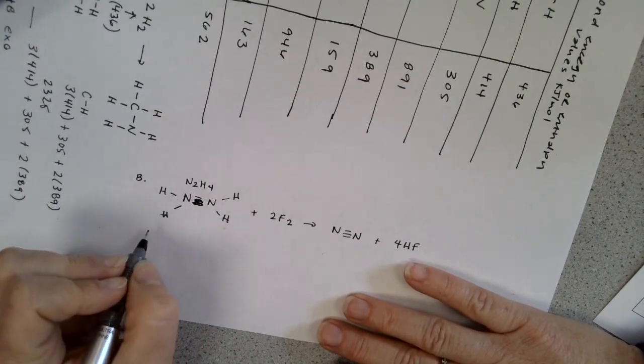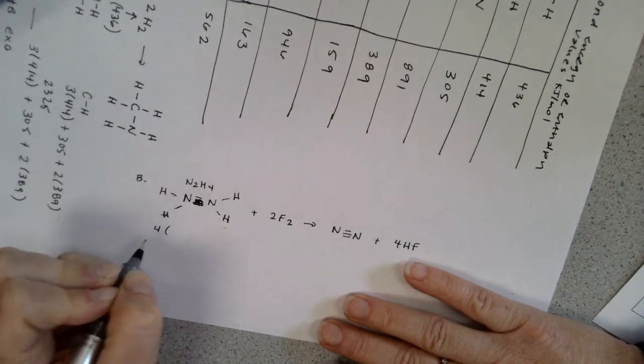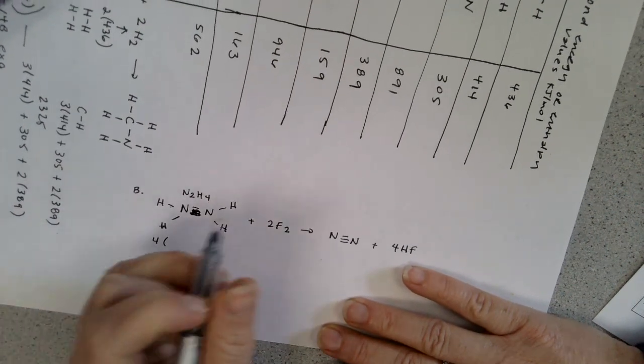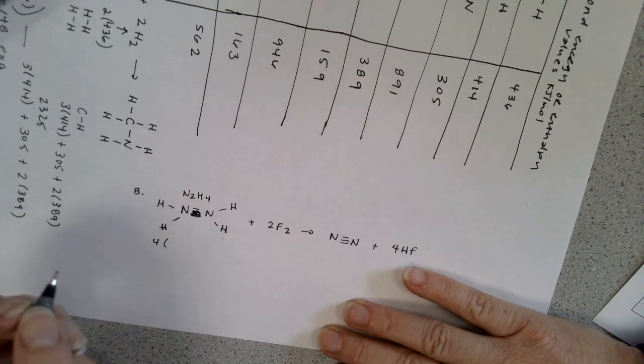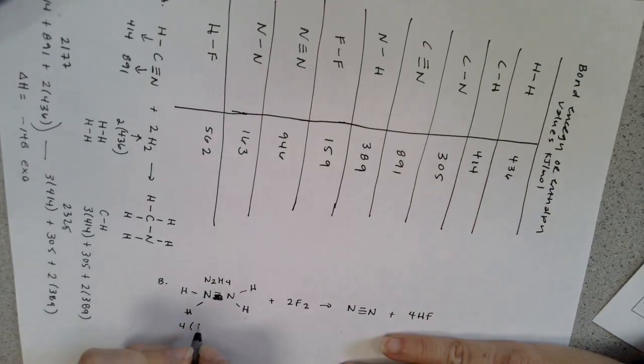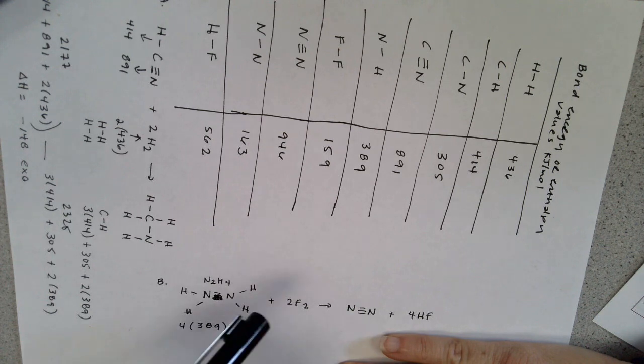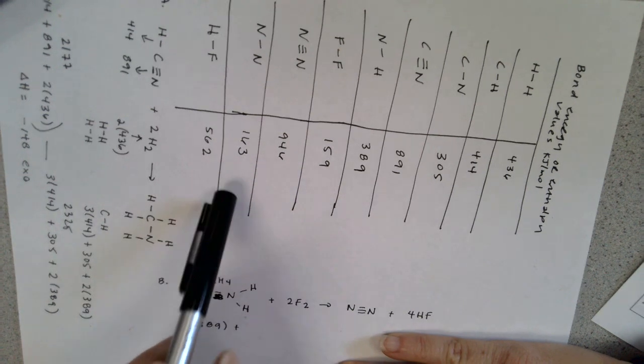Okay, so we have 4 N to H's. So 4 times, what's the N to H value? Right here, 389. Sorry, you can't see it. 389. And then plus the N to N value here, which is 163.